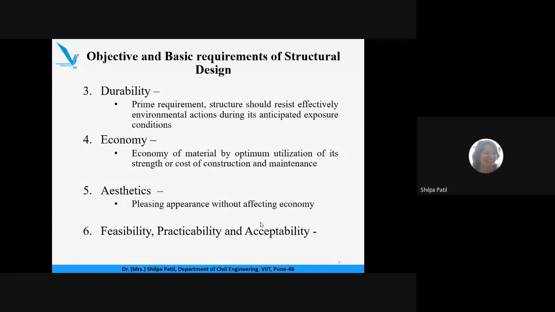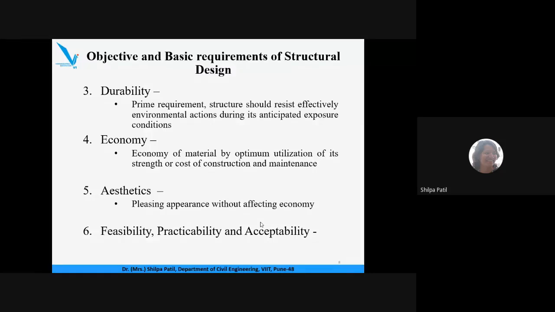For example, in Pune it is a moderate exposure condition, but the exposure condition at Mumbai is of severe nature because it is close to the coastal line. Mumbai is along the coastal region, and due to the effect of the ocean, the temperature variations and humidity are very high. So the overall exposure conditions in Mumbai are severe as compared to Pune.